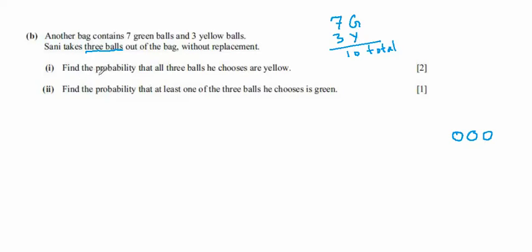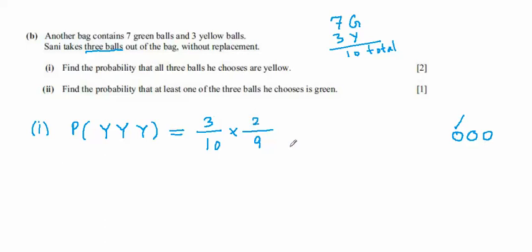Okay. So find the probability that all 3 choices are yellow. So it means for this part 1, we have to find the probability that the first one is yellow, second one is yellow, and the third one is also yellow. So first yellow means there are 3 yellows and total is 10. Now since 1 ball is out, in the total we'll have 9 balls left, and in these 9 balls there will be 2 yellow because 1 yellow is already taken out.